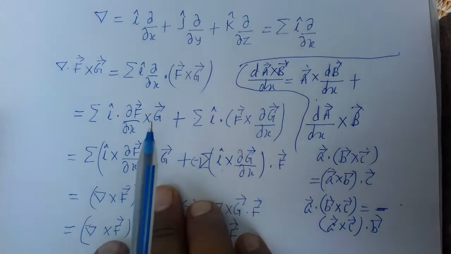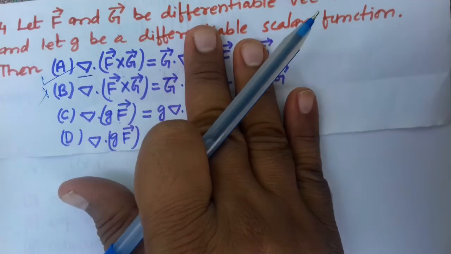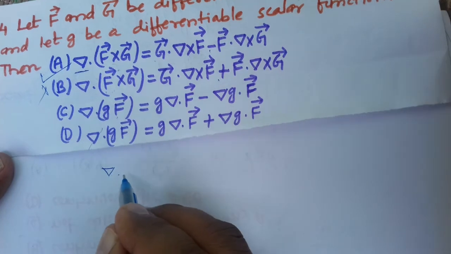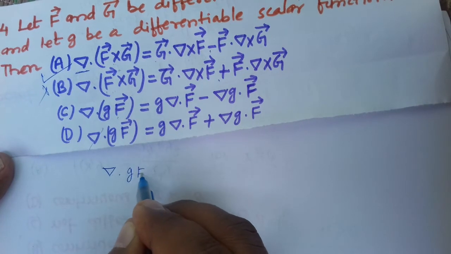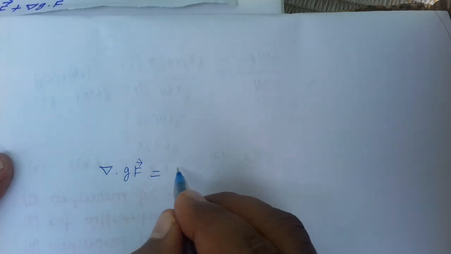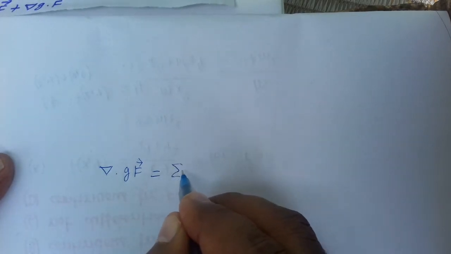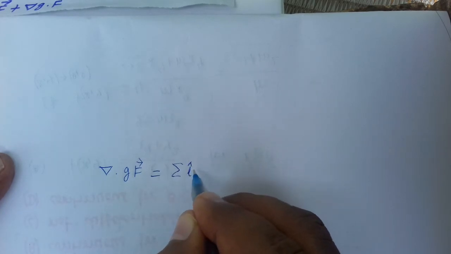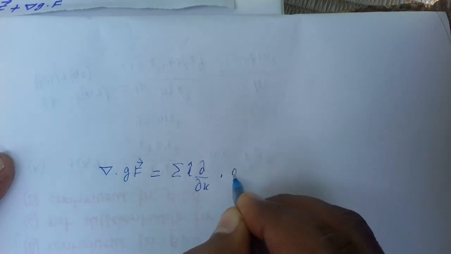You see here, in C and D, del dot GF equals to. So let us find. You saw that this del (nebula) means i del by del x dot GF.